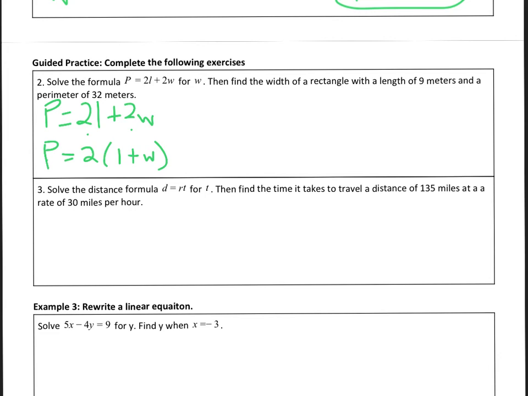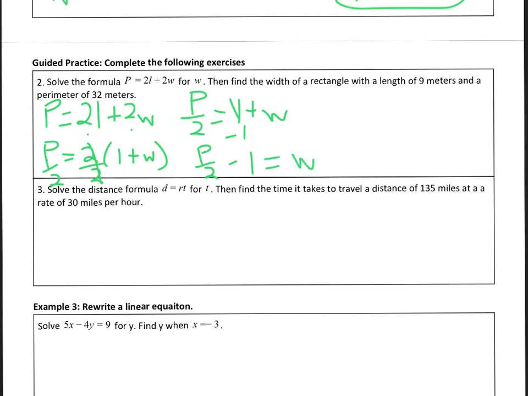So for me to solve for W, I'm going to do two things. I'm going to divide both sides by 2. So P over 2 equals L plus W. And then for me to solve for W, subtract length. So this is kind of weird looking. P divided by 2 minus length equals width.